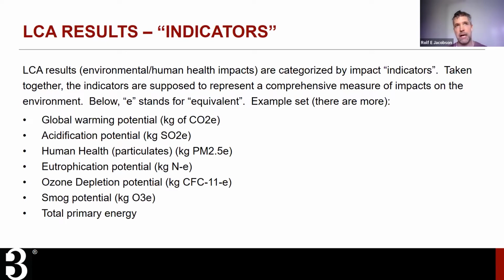So we have to have a common basis for measuring those, and that's what we use the indicator molecule for. Taken together, all of these indicators are supposed to represent a more or less comprehensive view of the impact on the environment. So you see a bunch of them listed here, everything from global warming down to smog and ozone. Primary energy is typically listed as well.